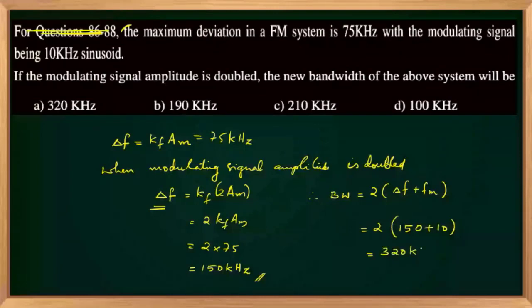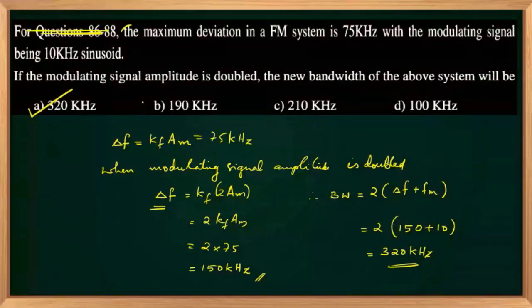The right answer is option A, 320 kilohertz. So in this question, we have discussed the variation of different quantities and how the corresponding value of bandwidth is determined. I think this is clear for you.